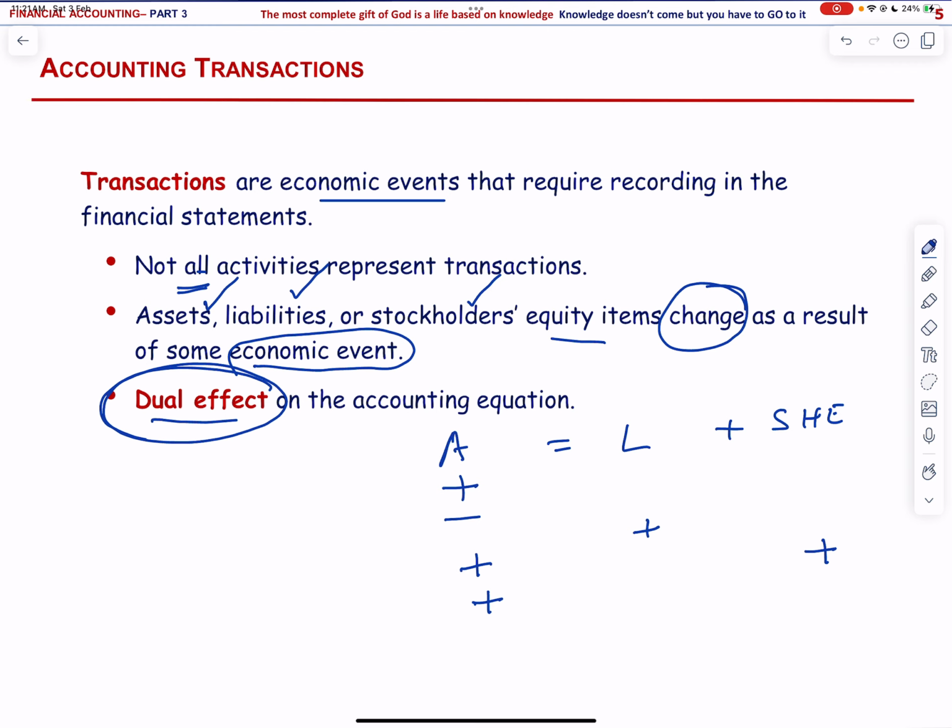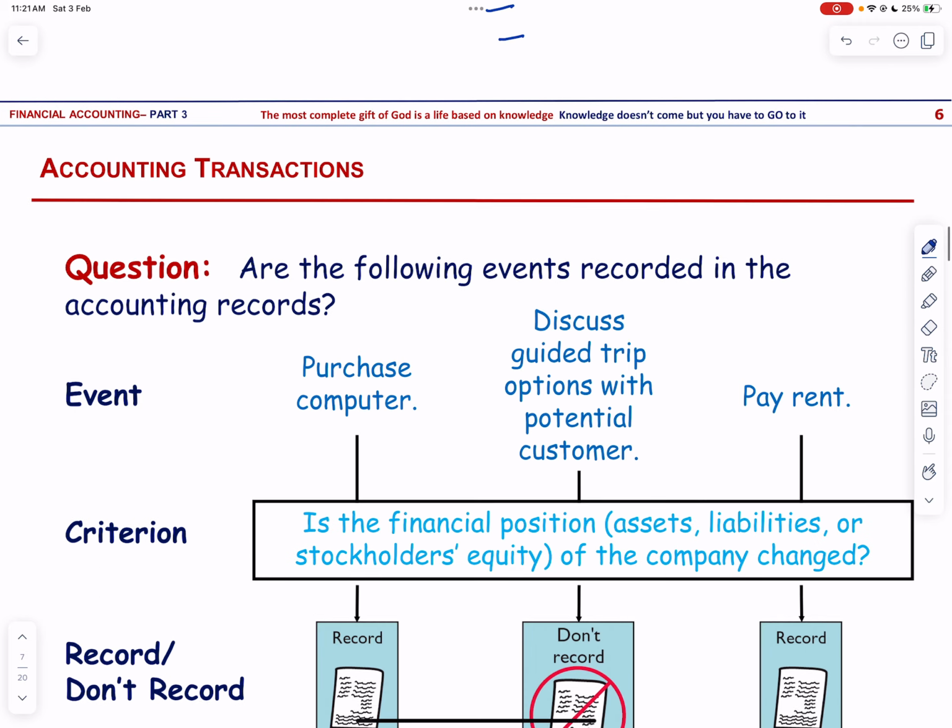Or it may be that assets decrease and liabilities also decrease, or assets decrease and stockholders' equity also decreases. So there will always be a dual effect, and the equation must be balanced once the transaction has been recorded in the accounting equation. If it is not balanced, there is a mistake.